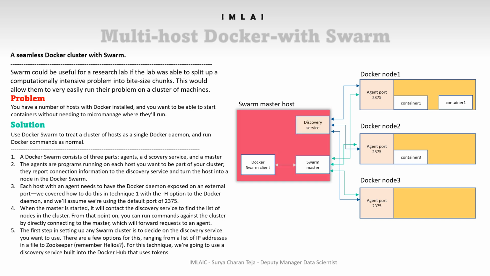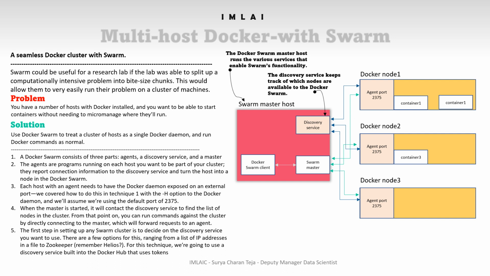Let's look at this infographic more closely. This is our Swarm master host. The Docker Swarm master host runs the various services that enable Swarm functionality. Inside the Swarm master host, we have the discovery service.